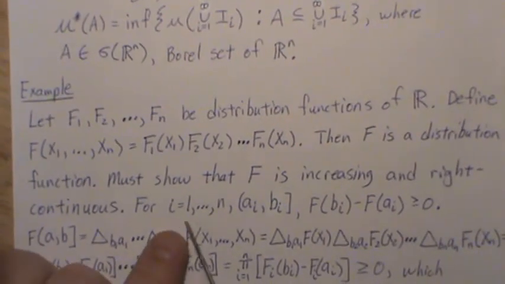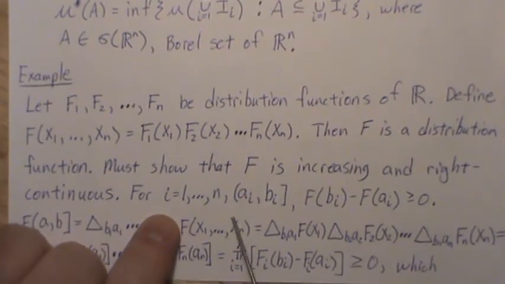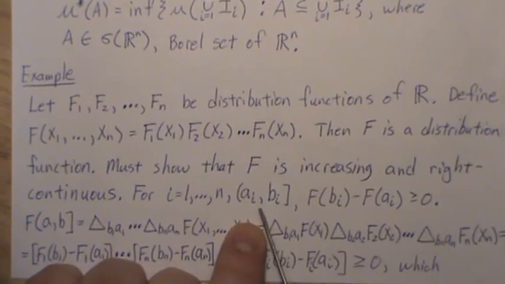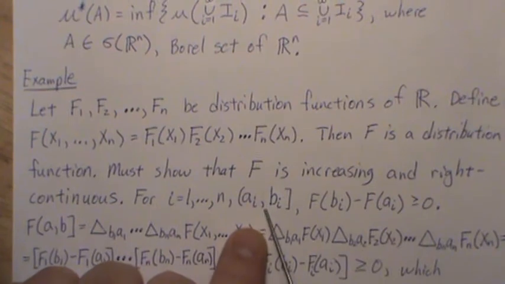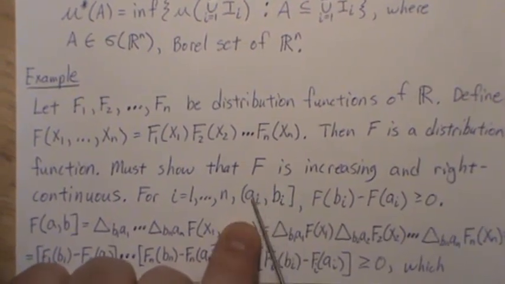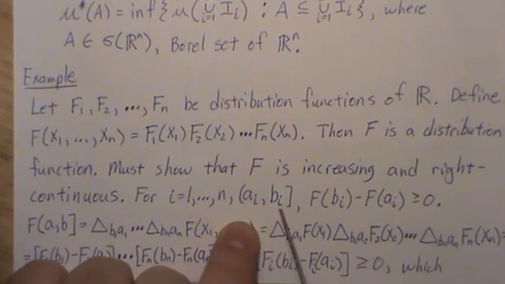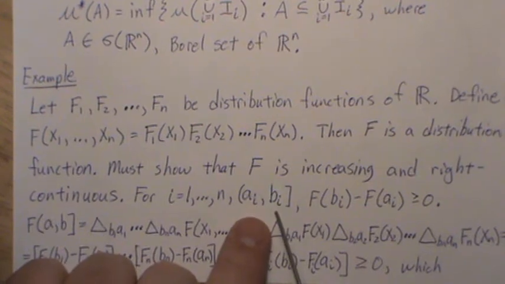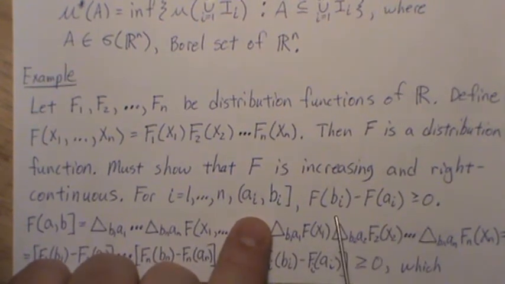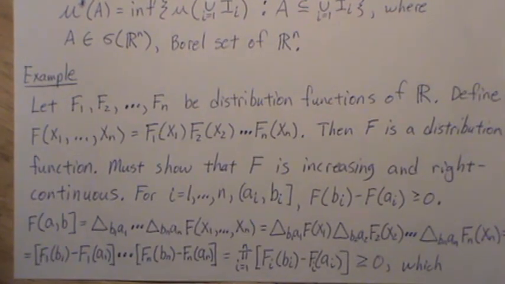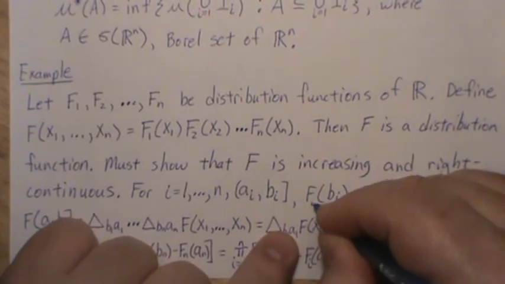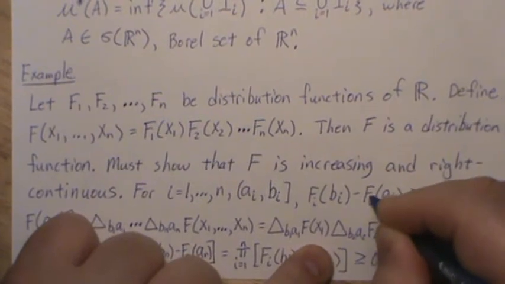Now one note: for each i, the interval from ai to bi, remember this would be in the real number line, so it's a right semi-closed interval on the reals. Then the corresponding distribution functions, and so I should have an i here, right?